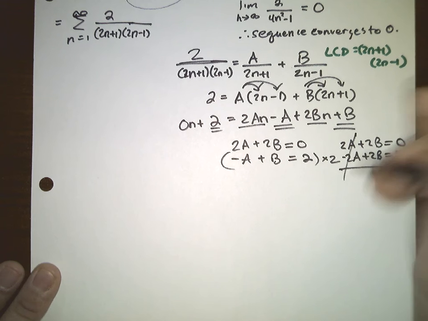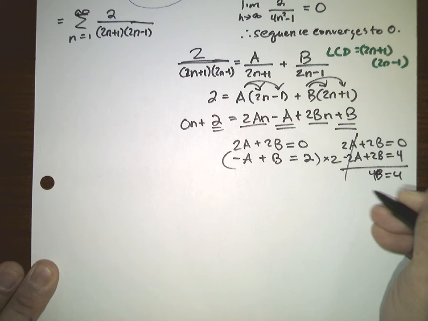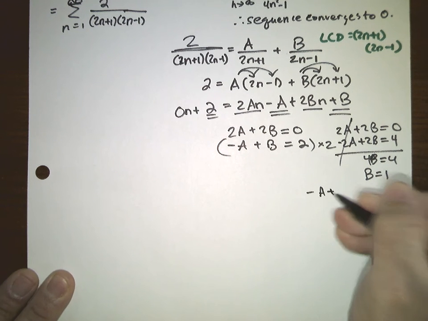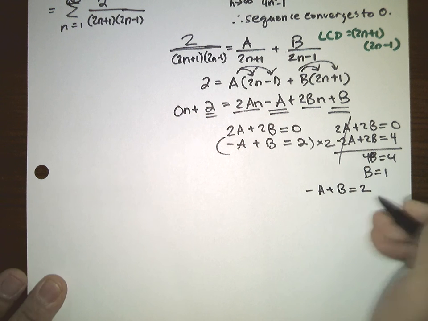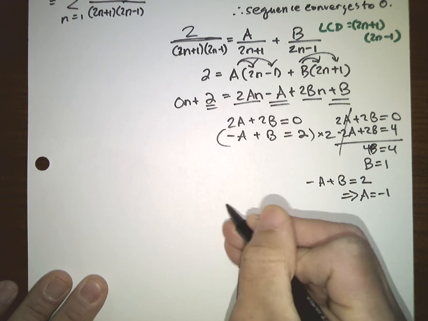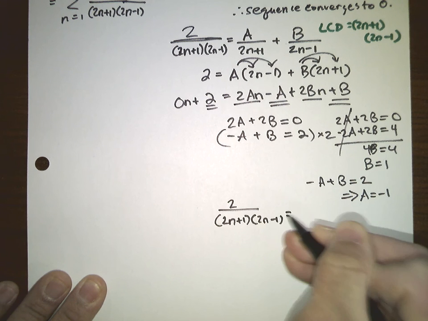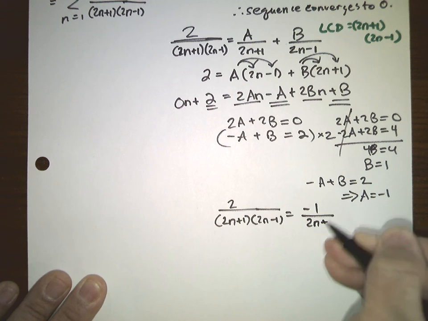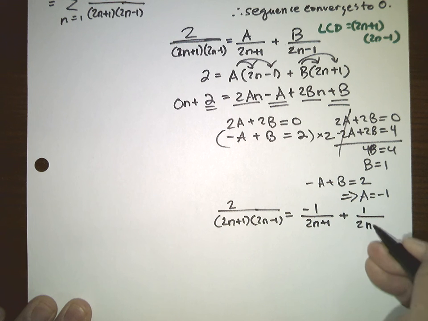Then I'll zero out the A's, so 4B is equal to 4, and if I divide by 4, B is equal to 1. Since negative A plus B is equal to 2, A has to be negative 1. So 2 over 2n plus 1 times 2n minus 1 is negative 1 over 2n plus 1 plus 1 over 2n minus 1.